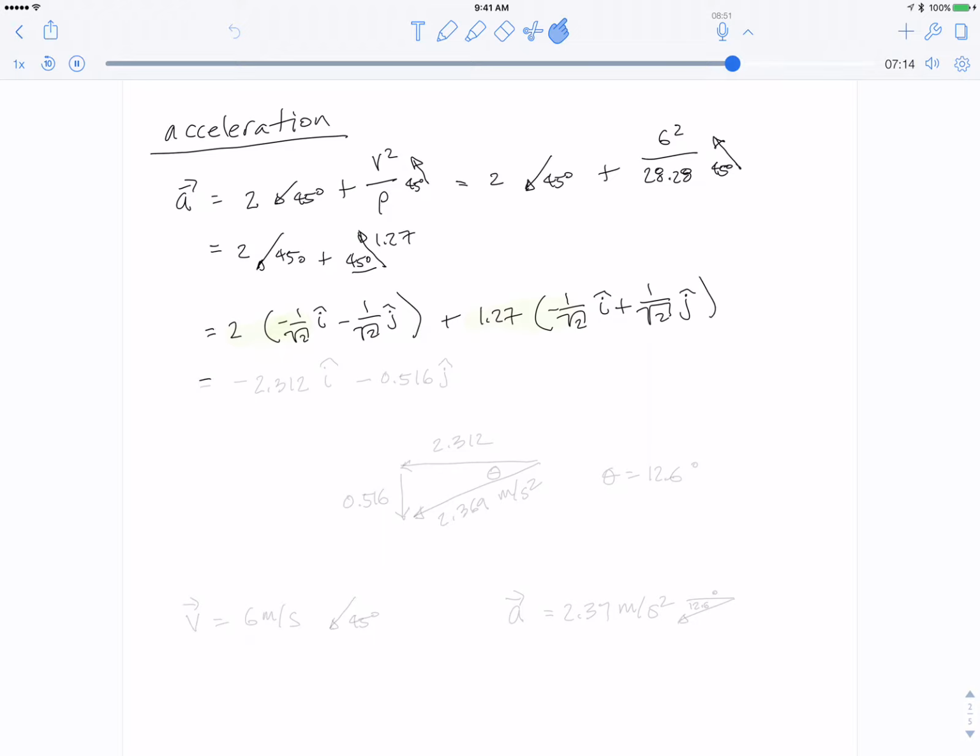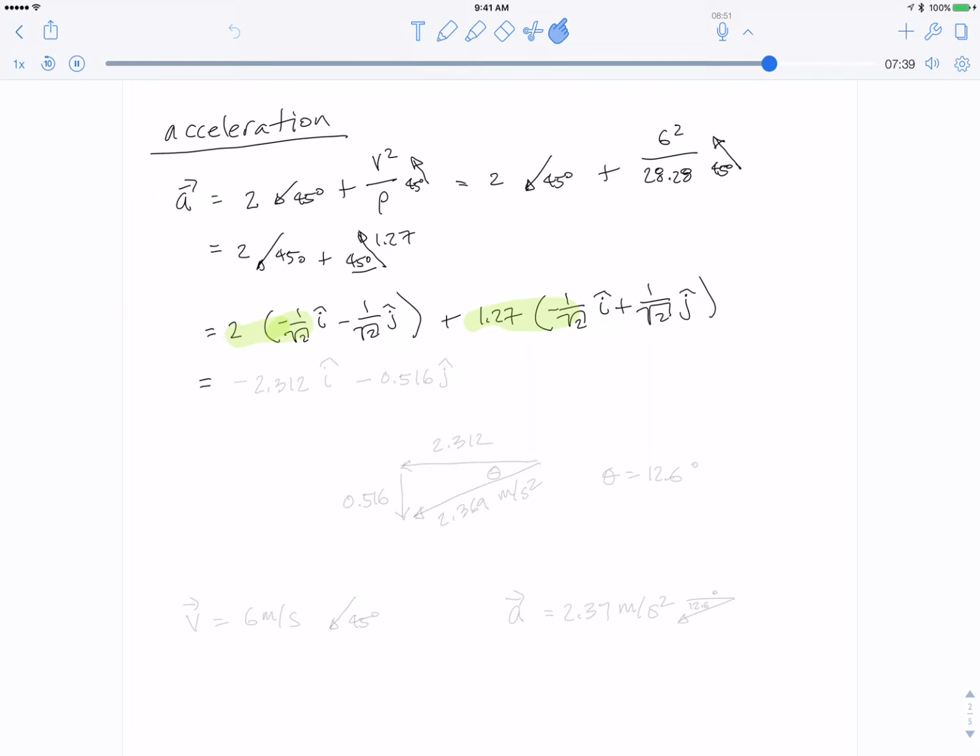And so all I'm going to do is collect all the i terms and the j terms, then we can figure out the length and direction. Okay, so here we go. That adds up to minus 2.312 i and minus 0.516 j. So all I did was I added this to this, and then I added up the y's as well.